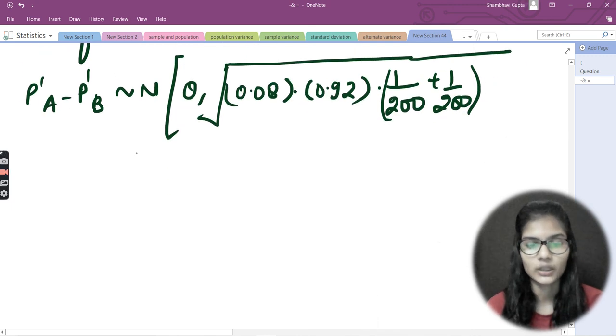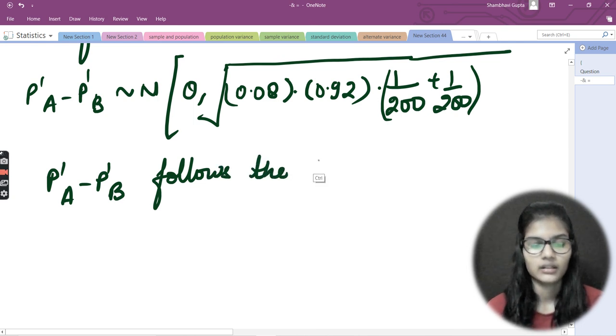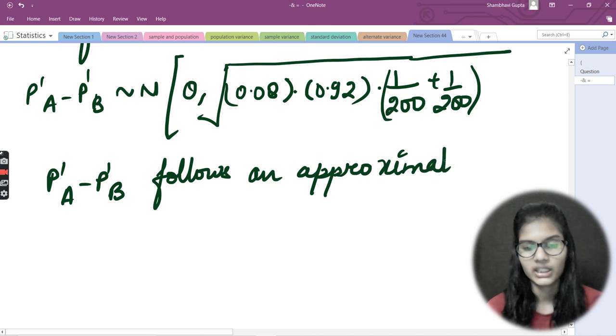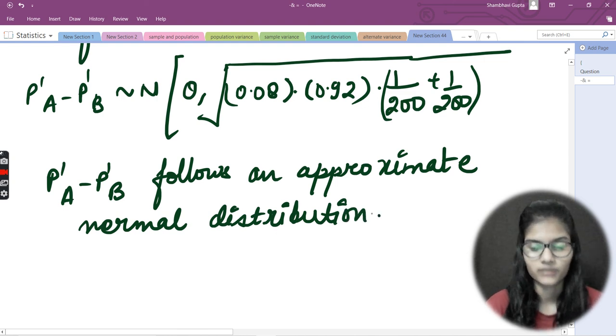So after solving this out, P dash A minus P dash B basically follows an approximate normal distribution.